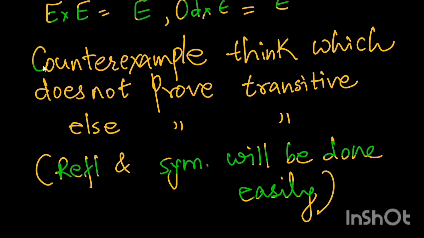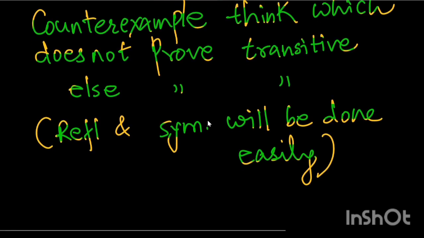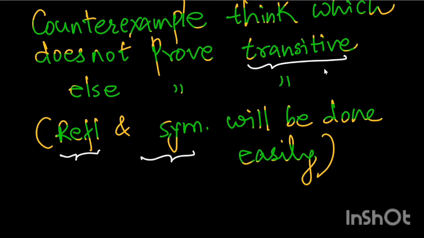For transitive we need to first try a counter example; if we cannot disprove it with any counter example, we can prove it to be transitive later. So proceeding one by one, first proving reflexive, then symmetric, and then finally transitive. Reflexive and symmetric, as I said, would be done easily.